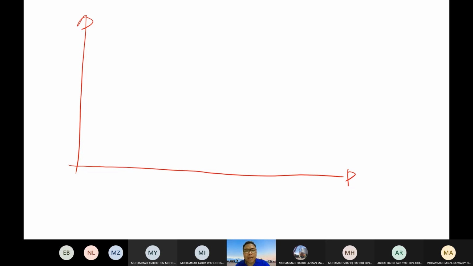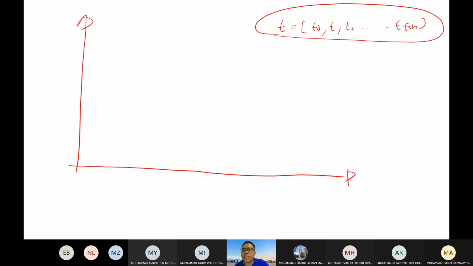Okay, remember when we want to perform any computations, especially involving matrix. Sebab apa yang you buat sini sebenarnya, you want to generate what is your T starting from your T0, T1, T2 until Tn. So in fact sebenarnya ini adalah matrix. This is matrix, a row matrix.